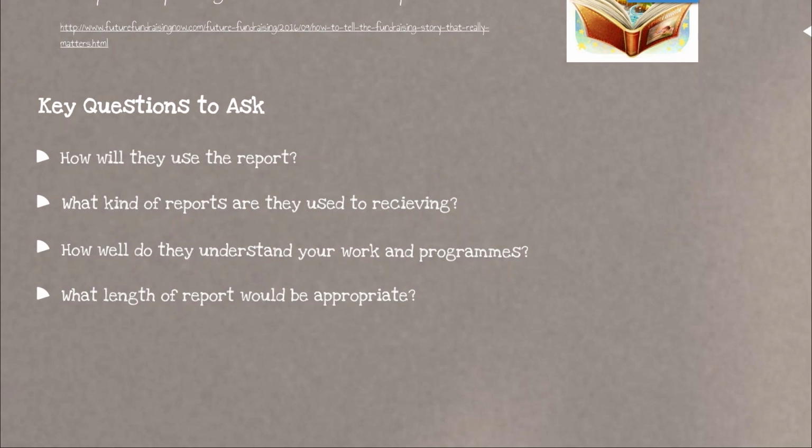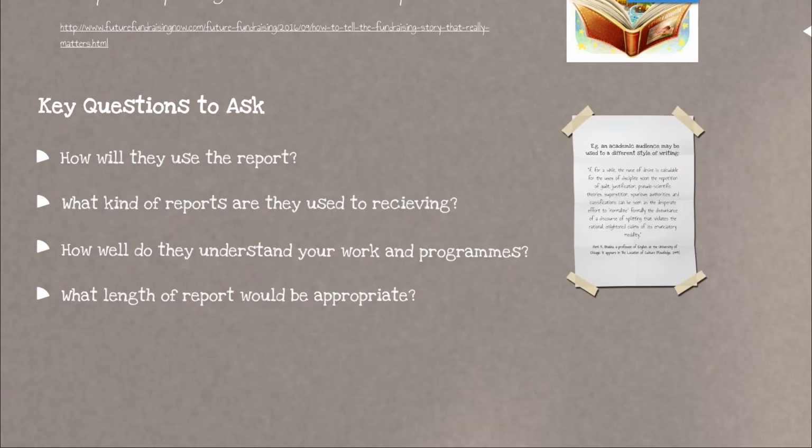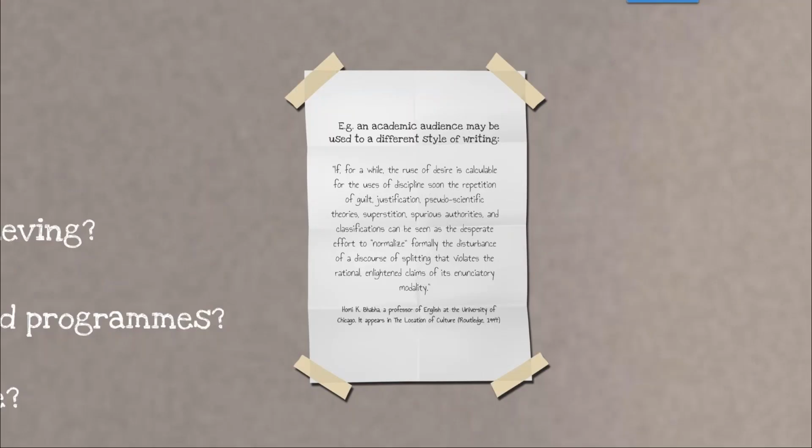In terms of understanding your work, to what extent does this report need to serve explaining and positioning the context in which you're working, and how your intended program intends to bring about change? What length of report would be appropriate? And the general language. This is a great example of a completely impenetrable sentence construct from a very academic point of view.